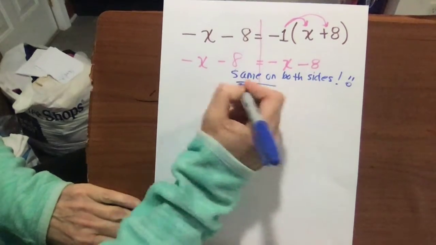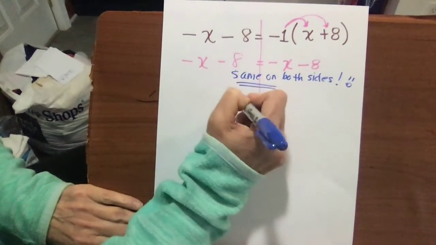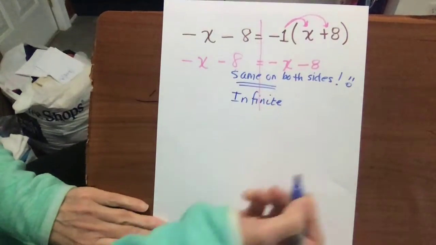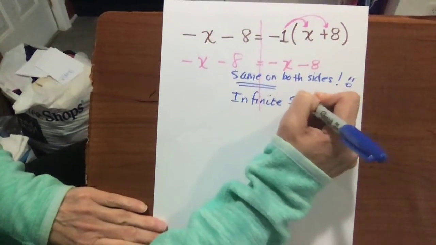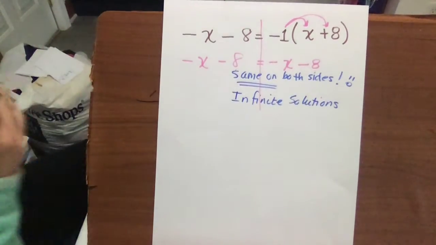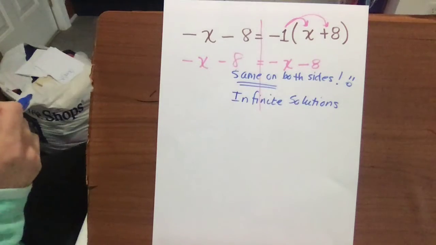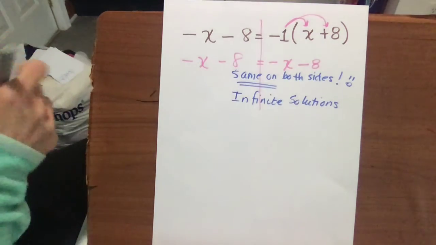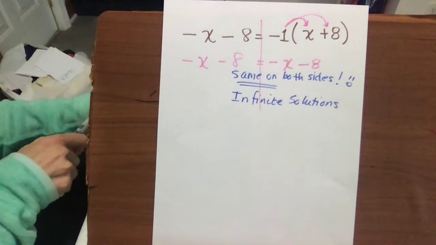If you get the same on both sides, it's infinite solutions. Lots of x values will work in this problem, not just 1, not just 8, not just 10, not just negative 4, not just negative 5, not just 0. Lots of them, all of those and more. Fractions, decimals, and integer values will work.